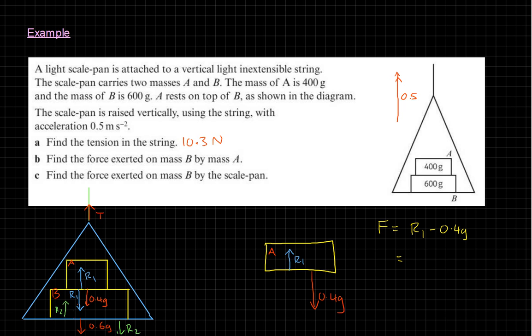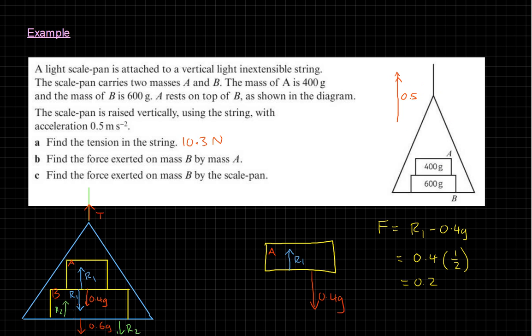That's equal to the mass of the object, which in this case is 0.4, because it's a 400-gram object, times the acceleration. What's the acceleration? We were given that, 0.5. The acceleration of the whole system is, because it's connected, the acceleration of A. So it's just going to be 0.4 times a half. That's our ma. In other words, 0.2.